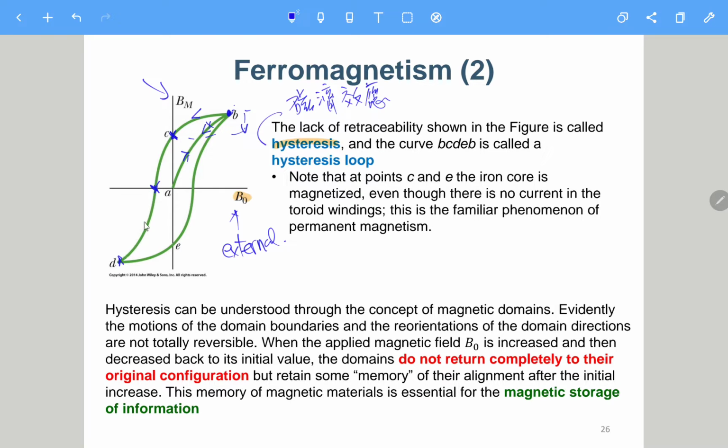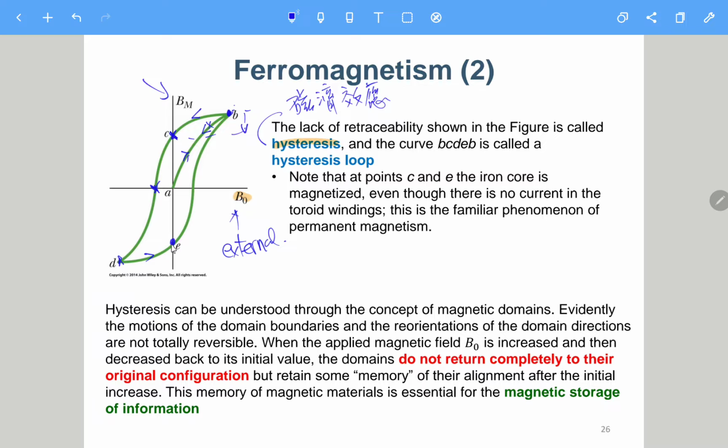This line is nothing special. It just follows the external B field direction. And if you decrease the magnitude of the B field again, it follows this path, and at B0 equal to 0, Bm is still a negative value at point E.